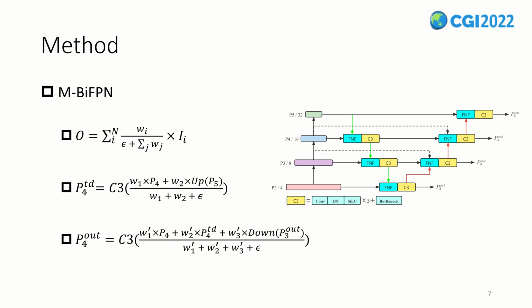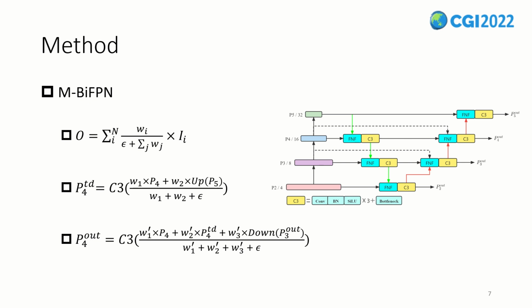We replaced PANet in the original version of YOLOv5 with an improved BiFPN and named the new feature network MBiFPN. As the slide shows, the first formula expresses fast normalized fusion, where the intermediate feature at level 4 is on the top-down path.